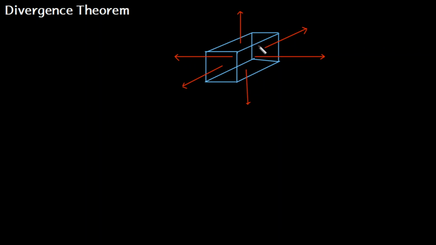The flux lines diverging from this small volume will be exactly equal to how much charge is enclosed within this volume, which is nothing but represented by volume charge density.